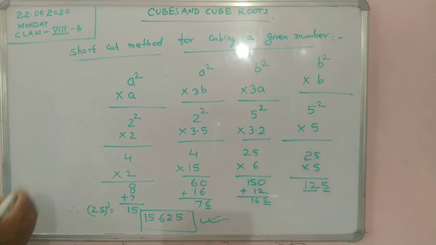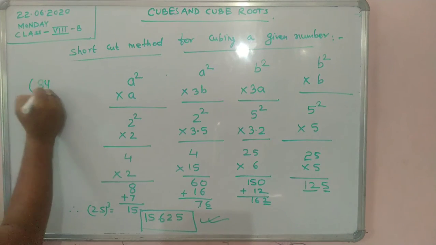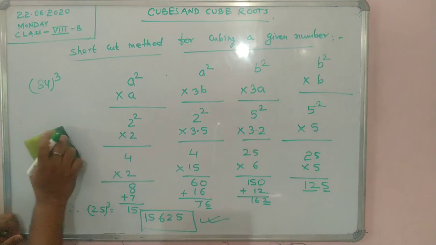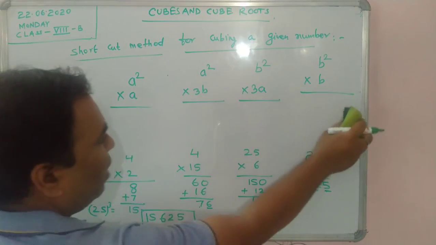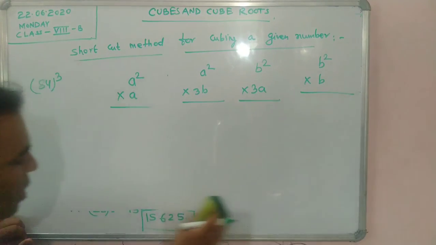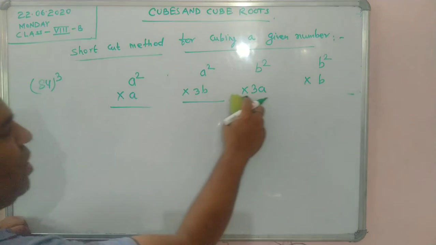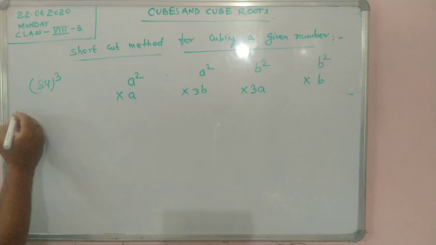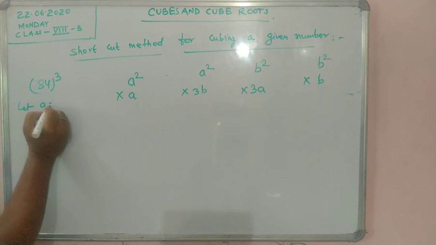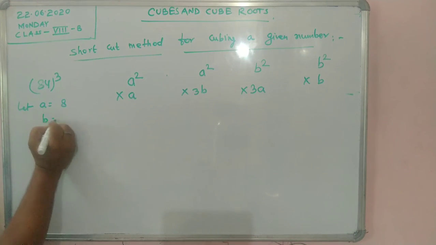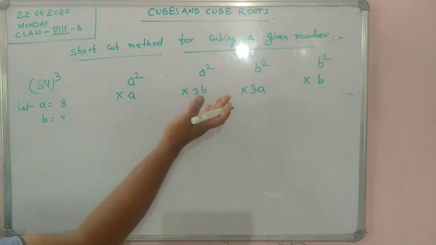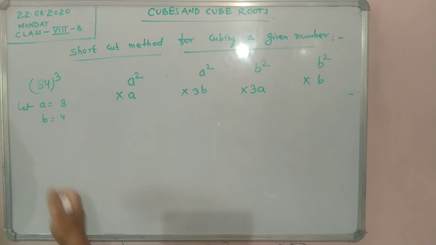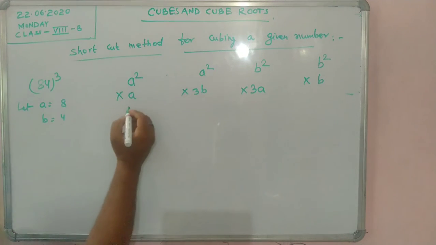Now the question I am going to take is 84 cube. I will erase the rest, and the formulation for the shortcut method will remain intact like this. Once again, let A equal to 8 and B equal to 4. We will place A and B into their respective positions the way we have just learned.